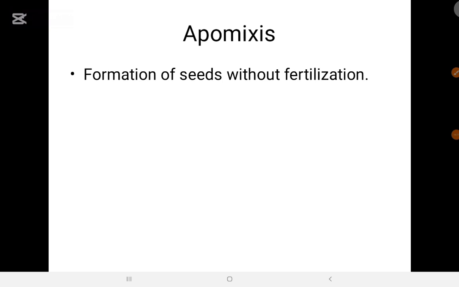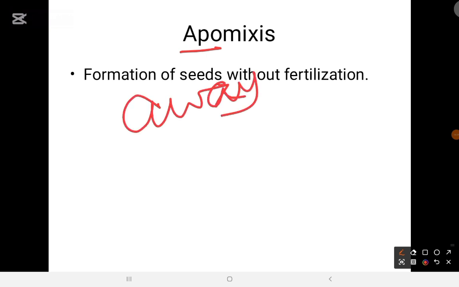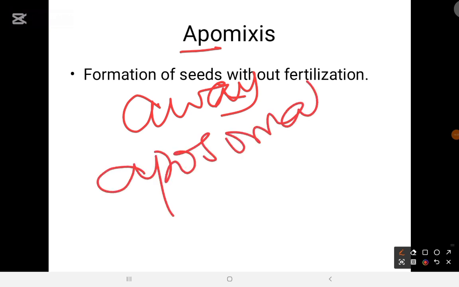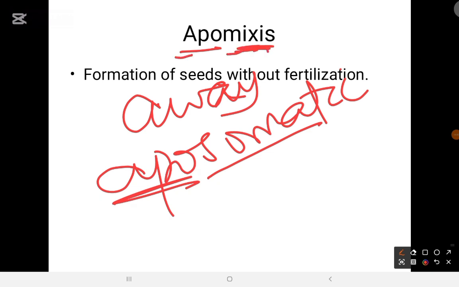Then apomixis. The prefix apo refers to away, or away from. You remember in the last class we were talking about aposomatic coloration; apo means away or push away, and soma means body. In the same way, in apomixis, mixis means to mix, or coming together.